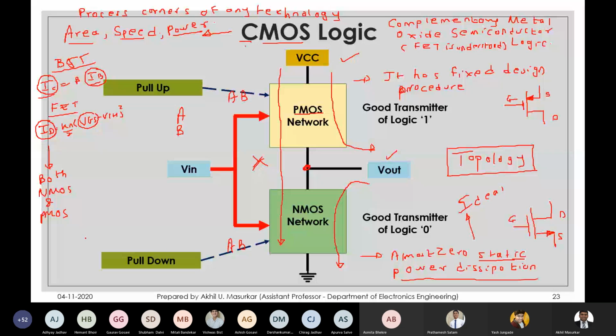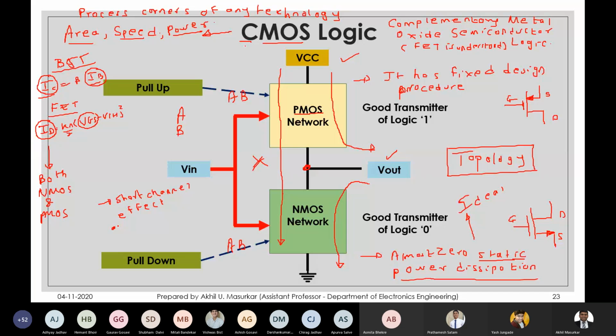Otherwise, if you have done MOSFETs, then there are something called short channel effects. If the MOSFET is really very small, then the problem there is subthreshold conduction, hot electron effect or impact ionization. These are probably the effects because of which we do not get zero static power dissipation.